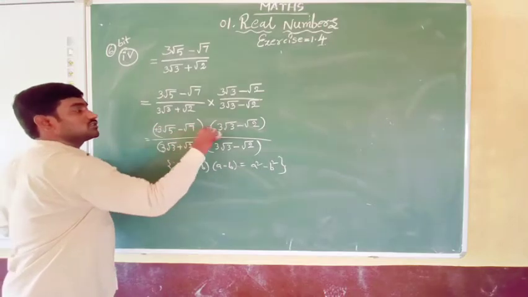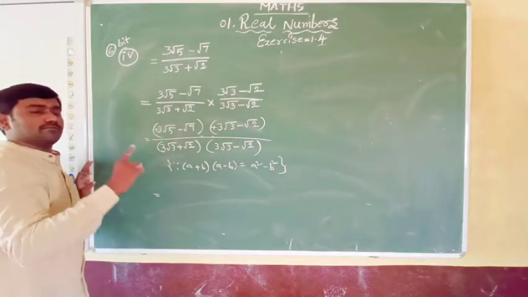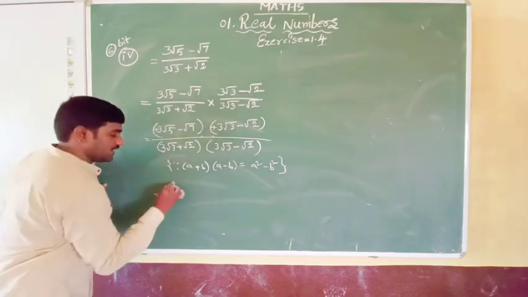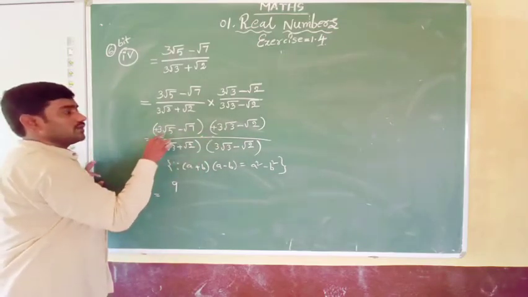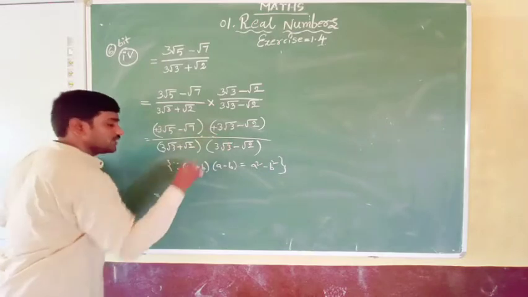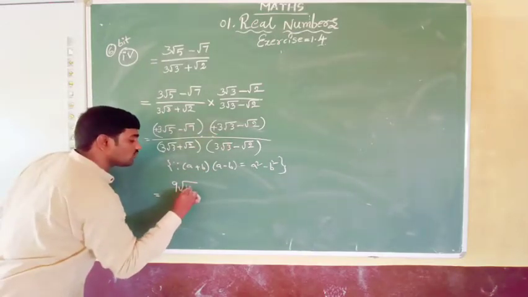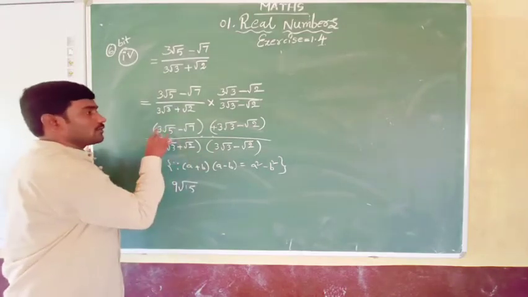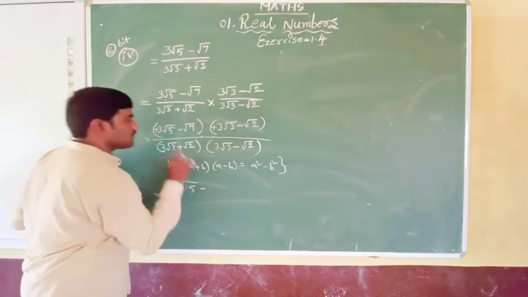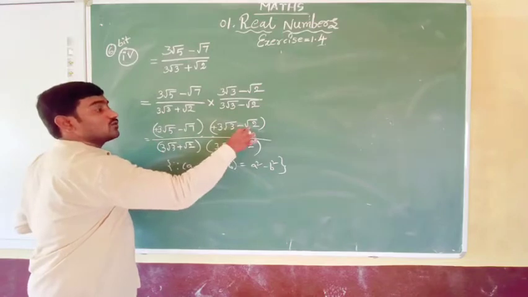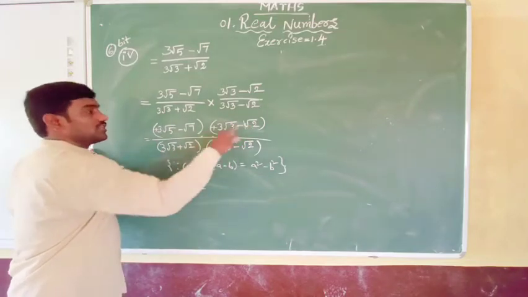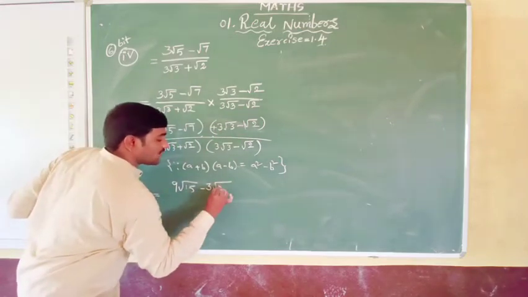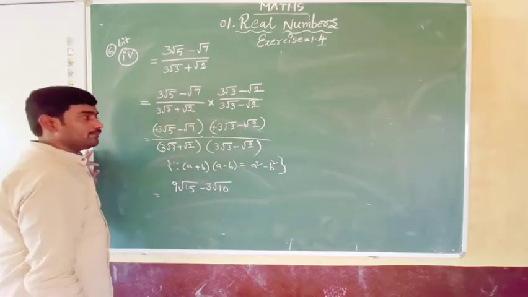First see the symbols. First we multiply the symbols, then numbers, then the numbers under the root. Plus into plus is plus. 3 threes are 9, and √5 into √3 is √15. Directly I am writing. Now plus into minus is minus. 3 into 1 is 3, and √5 into √2 is √10.